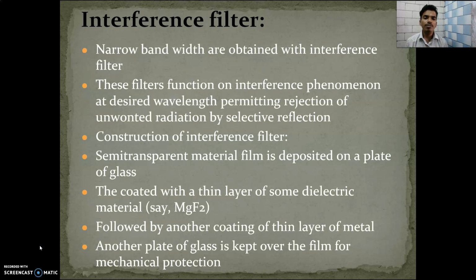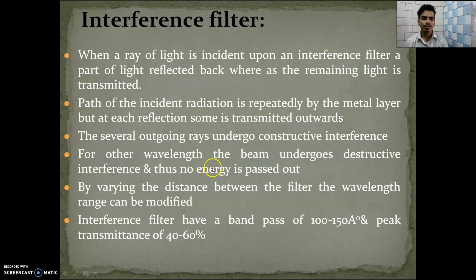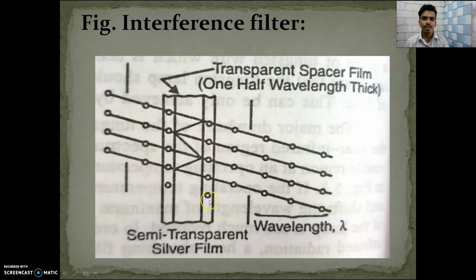Another plate of glass is kept over this film for mechanical protection. So it is constructed like this. For example, this is the plate, and the semi-transparent material is there, with a transparent spacer film. Then only selective wavelengths are passed from that plate.